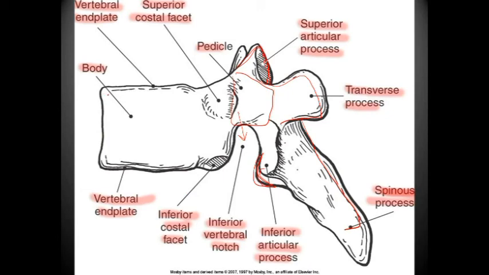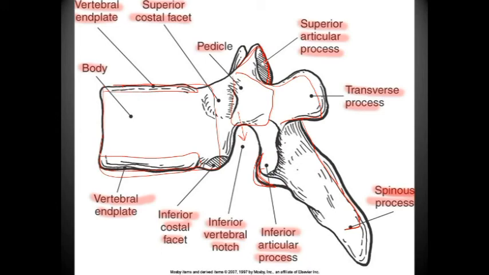Also, we have the body of the vertebrae, which is pretty much comprised of this entire area here. We have a vertebral end plate and a vertebral end plate, and basically the end plate is the top and bottom portions of the vertebral body.